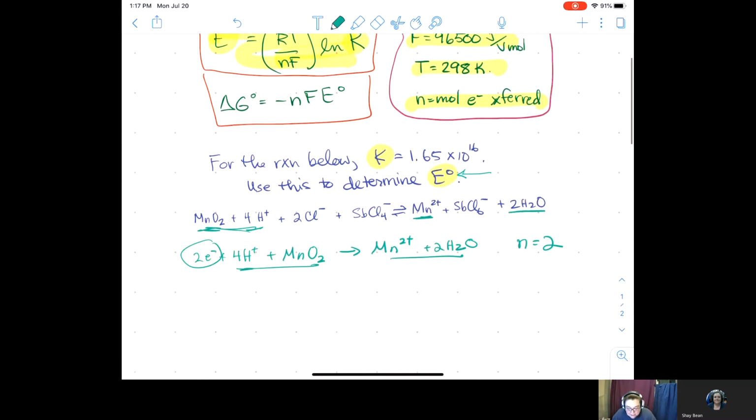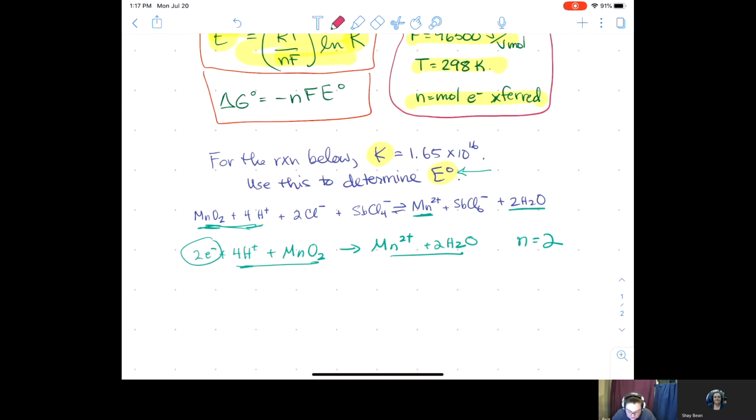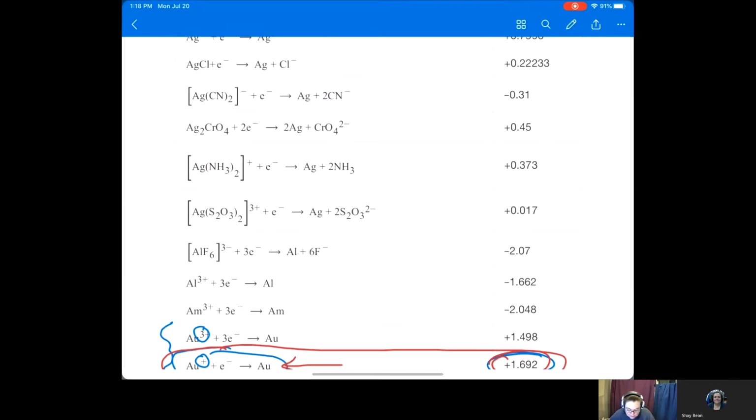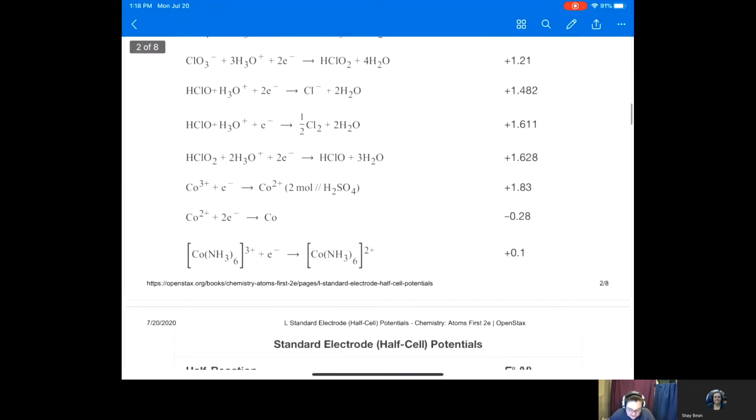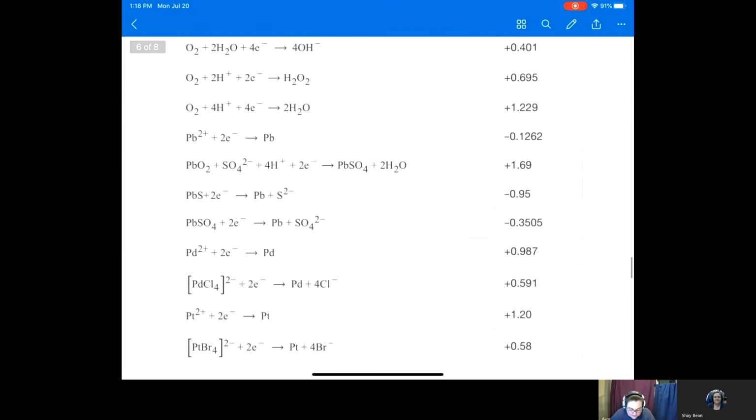But there it is. Now I can double check this with my other half reaction until I get comfortable with it. My other half reaction, I've got 2Cl minus plus SbCl 4 minus going to SbCl 6. This is everything that didn't get put in the first half reaction. And if I go look at my table and scroll down to the S's, I should find it if it's here.